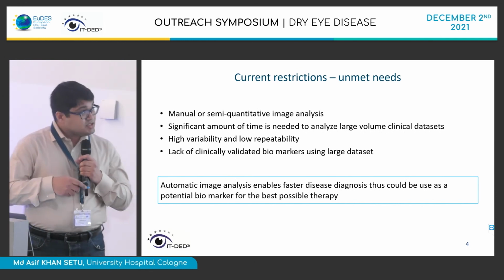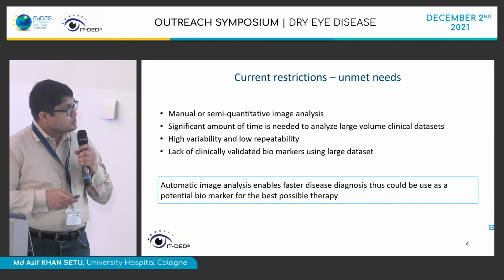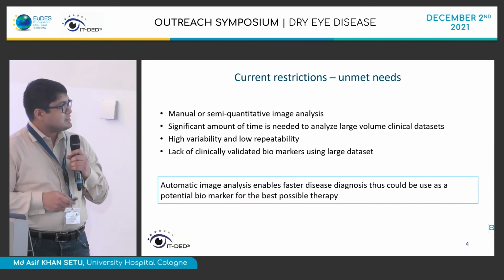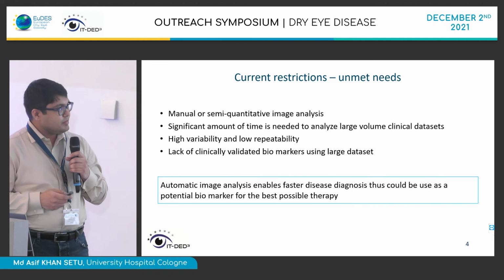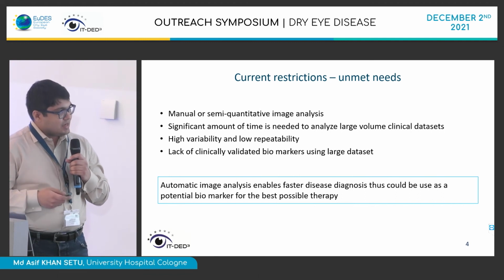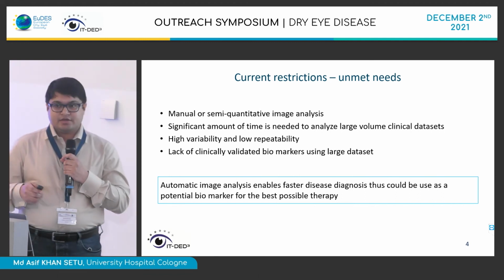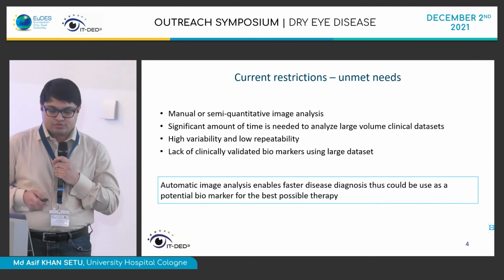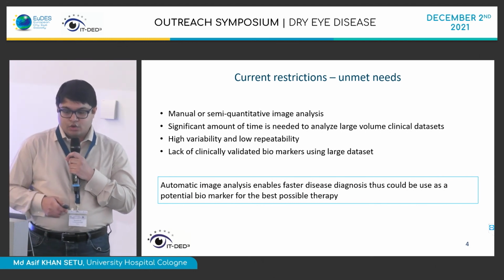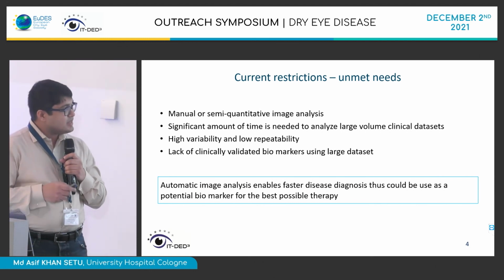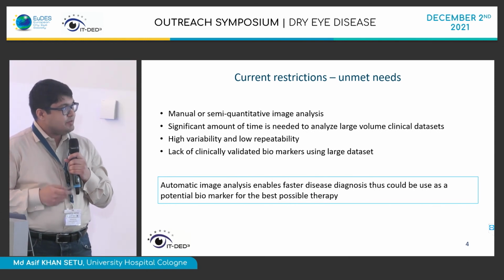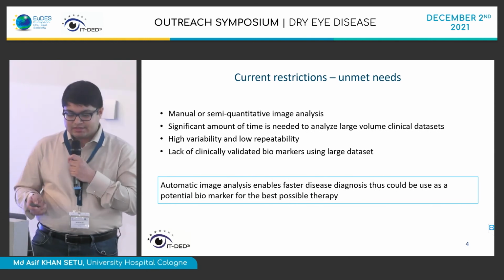Due to this, it takes a significant amount of time to analyze the large volume of clinical data sets. And due to the manual image analysis, we have high variability and low repeatability. And there is a lack of clinically validated imaging-based biomarkers using large data sets.